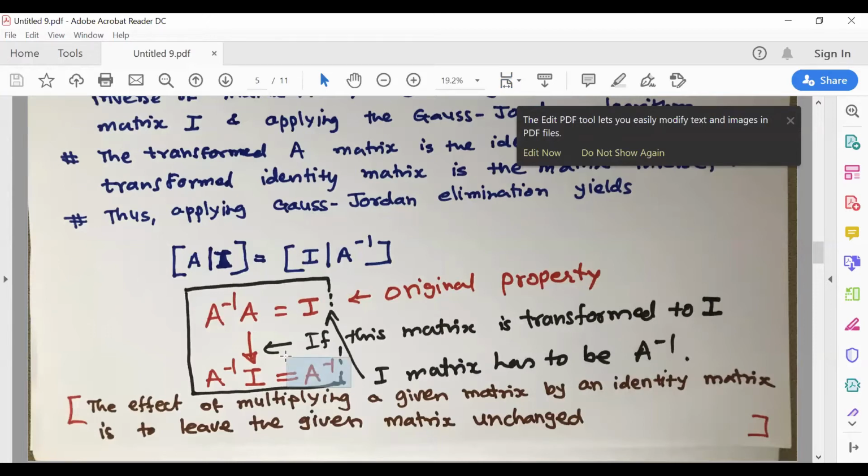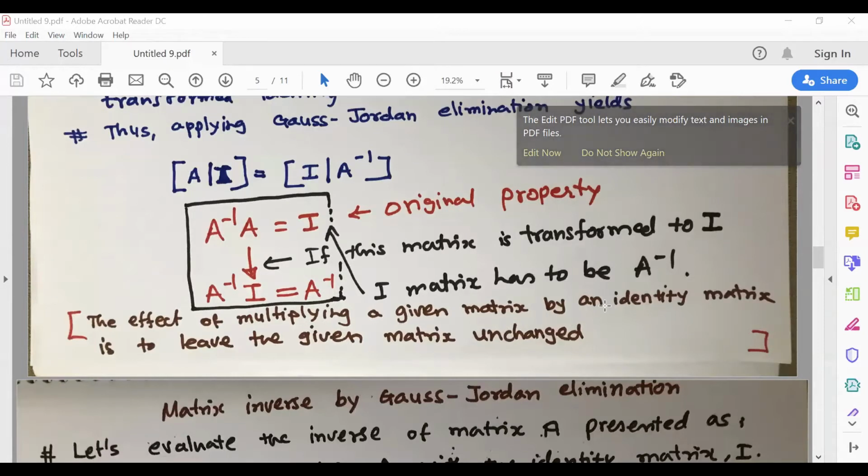Just now I discussed the fact that any matrix you multiply with the identity matrix gives you the same matrix. That is what it is written here: the effect of multiplying a given matrix by an identity matrix is to leave the given matrix unchanged.